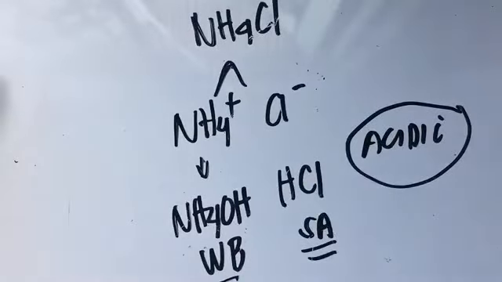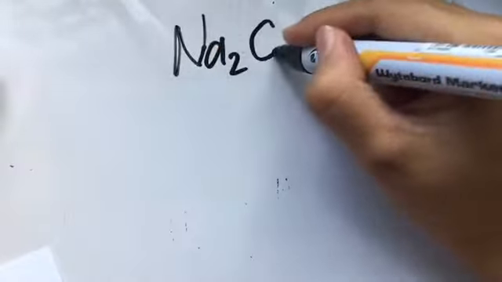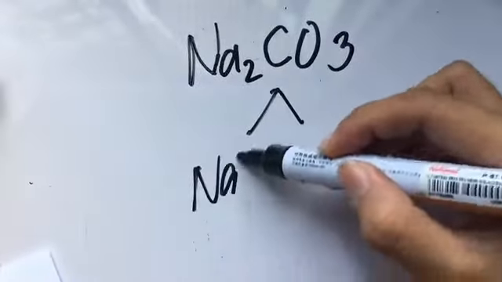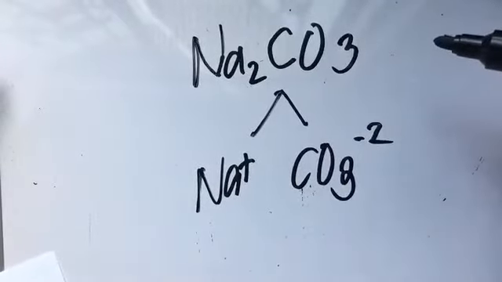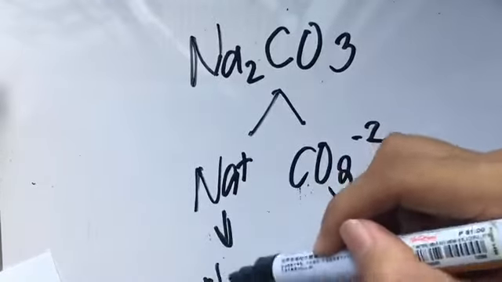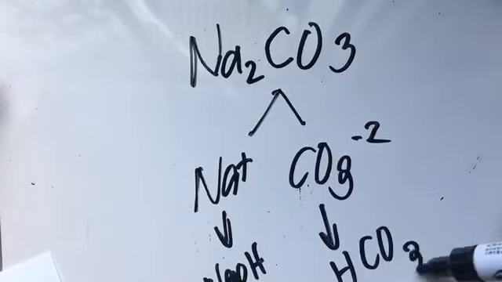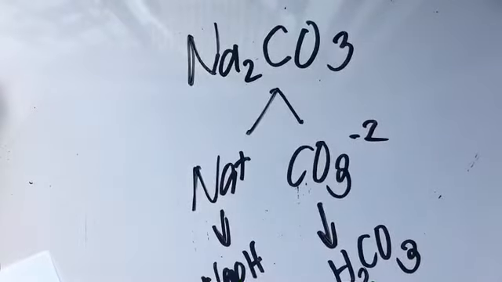Okay. The next salt that we are going to identify is our sodium carbonate. This is sodium carbonate, Na2CO3. So sodium carbonate can dissociate into sodium ion and a carbonate ion. So we all know that this came from NaOH and it came from carbonic acid.